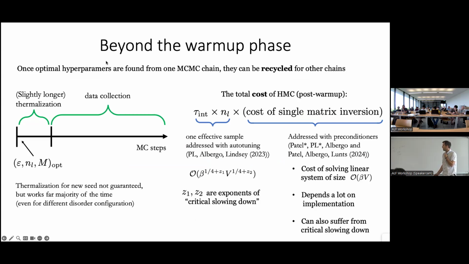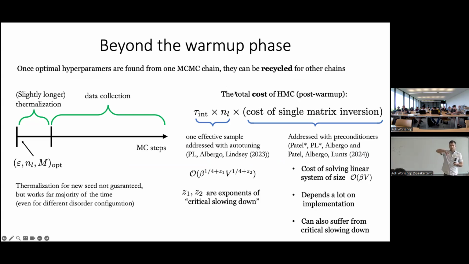Okay. And then once beyond the warm-up phase, so once the optimal hyperparameters are found for your one master seed, for the one MCMC chain, they can actually be recycled for other chains. You don't need to redo this.